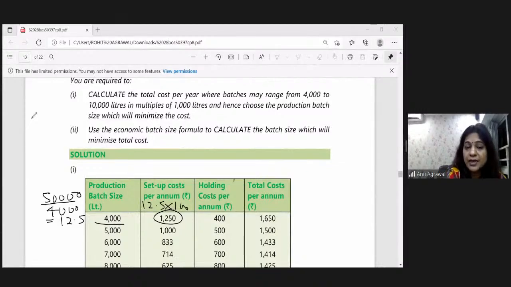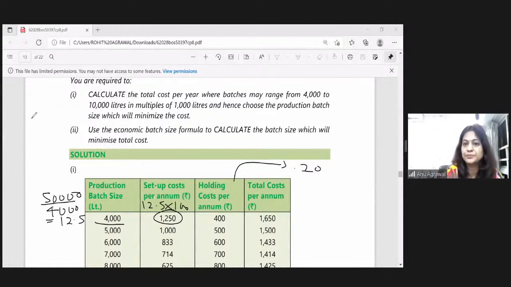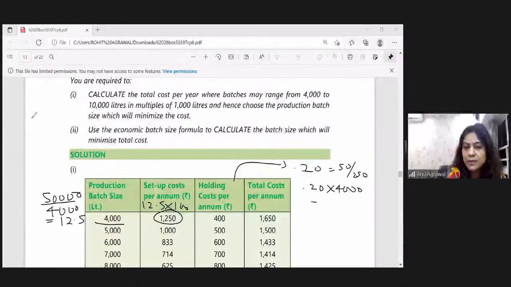Holding cost, we calculated, it was 0.2, right? 50 divided by 250, 0.2. How did we get it? 50 divided by 250. It is given. So 0.2 into 4,000. How much do you get? Holding cost per annum.